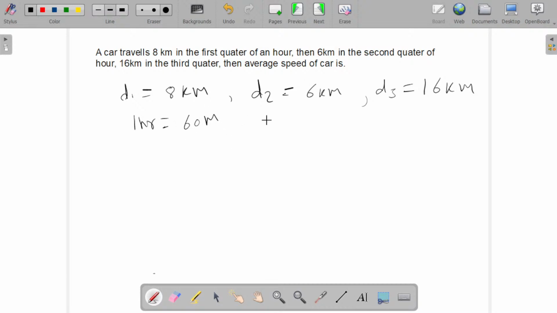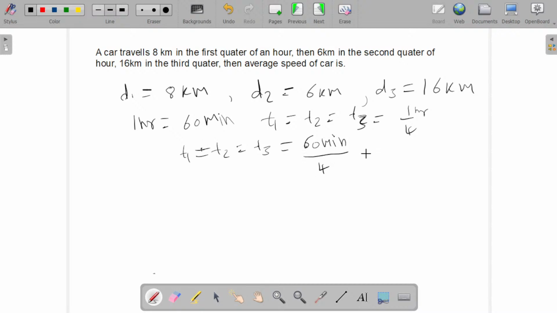So T1 equal to T2 equal to T3 equal to 1 hour by 4. So 60 minute by 4 equal to 15 minutes. So T1, T2, T3 all are 15 minutes.